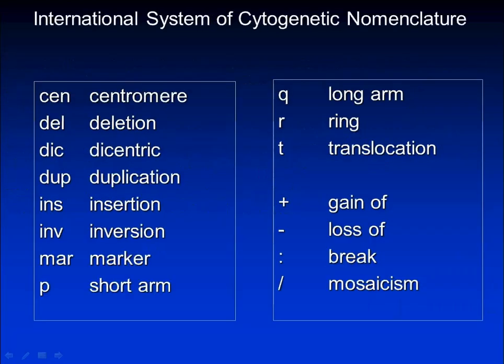Here is the international system of cytogenetic nomenclature. For example, DEL represents deletion, DUP represents duplication, INS stands for insertion, INV stands for inversion, R for ring chromosome, T for translocation.